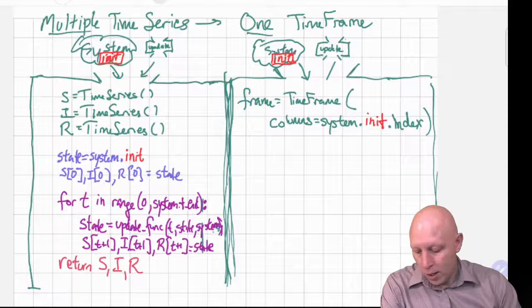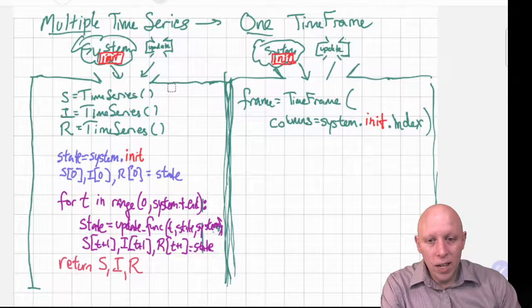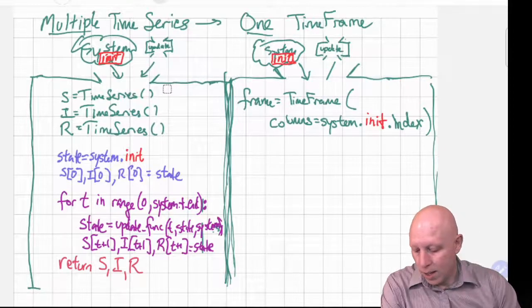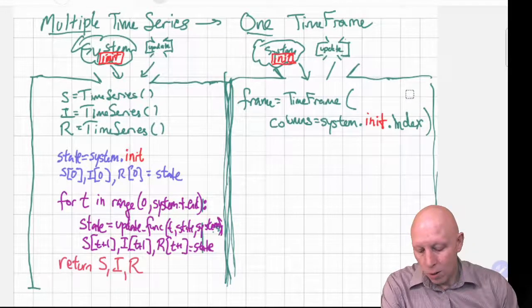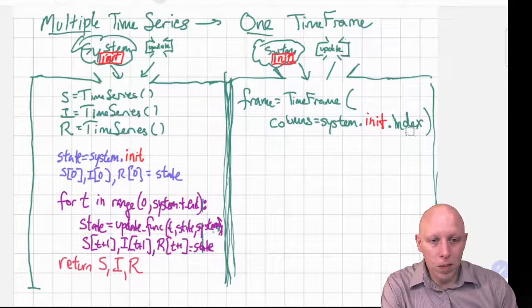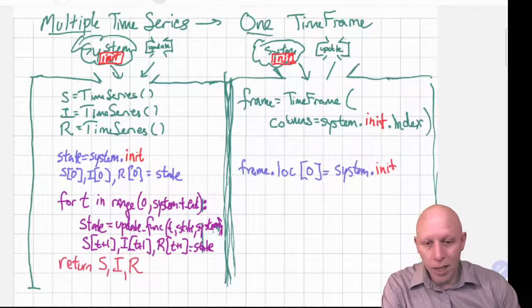All right, so just like on the left-hand side, this S, I, and R created the empty containers for the data. Then on the right side, the time frame object creates just an empty array. So we have to start populating it.